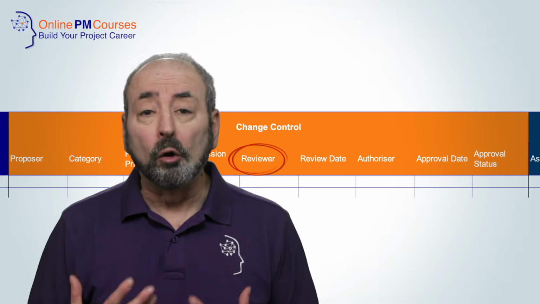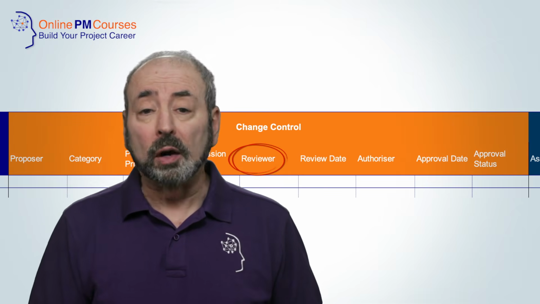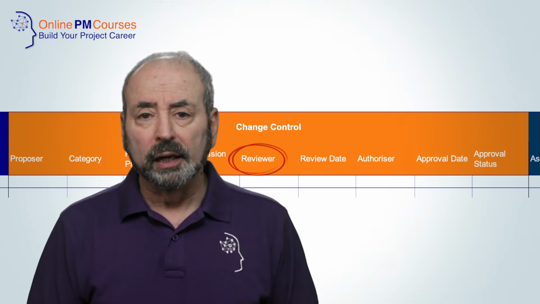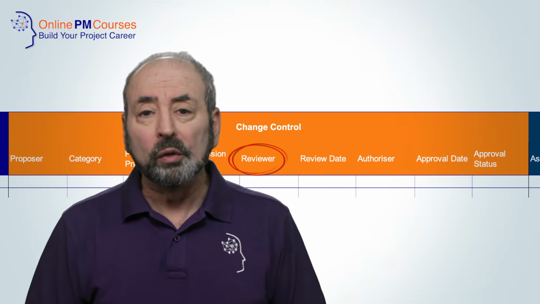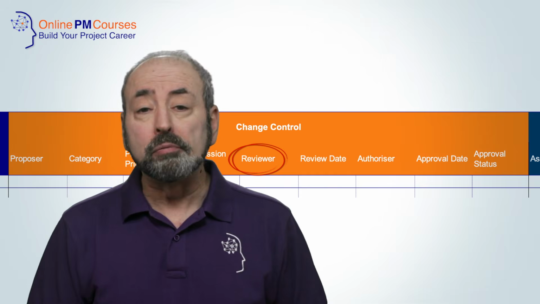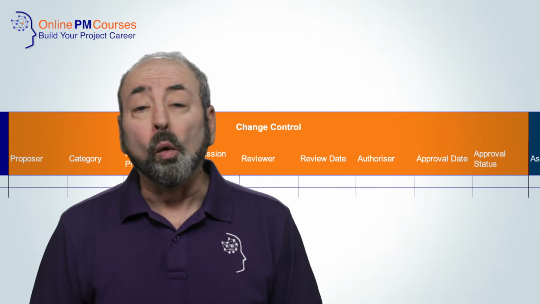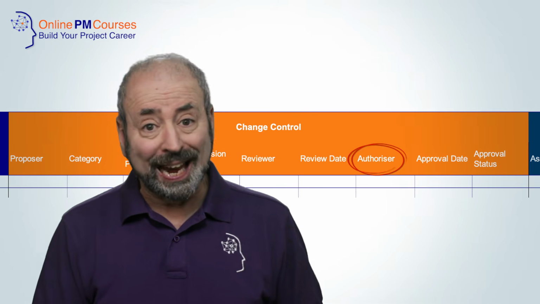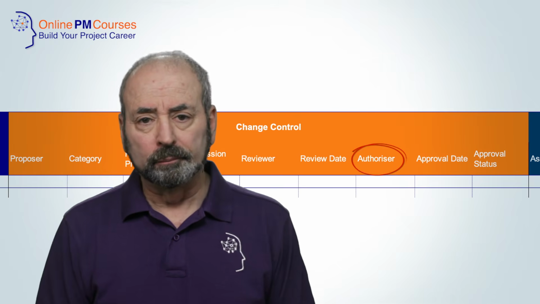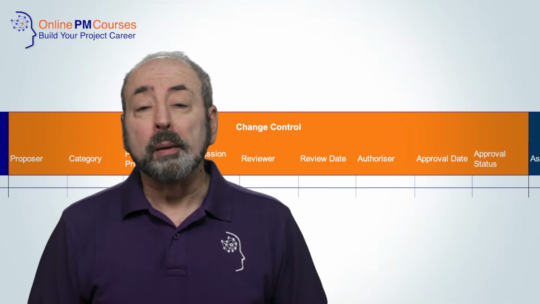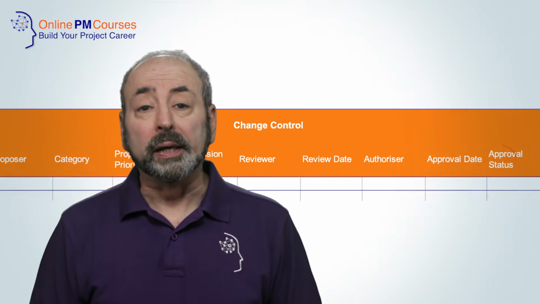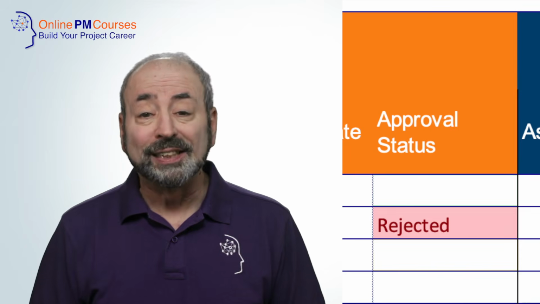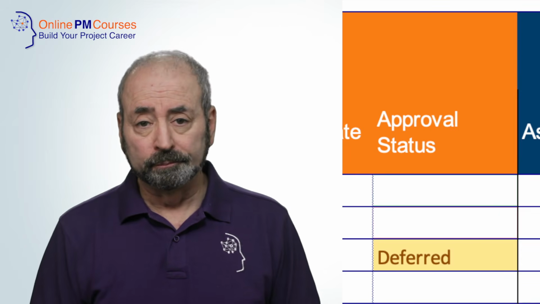This is the member of your project team who will review the request for change and respond to it to give the decision makers all the information they need to make a proper decision. We also record the name of the person who will authorise or reject the request for change. Finally, the approval status can either be approved, rejected, or deferred.